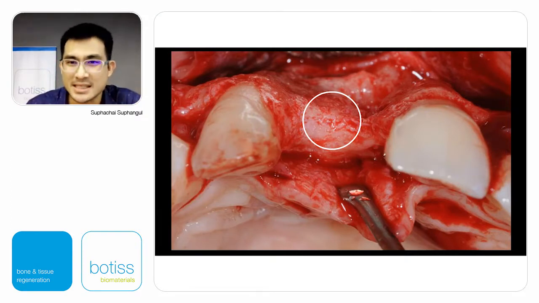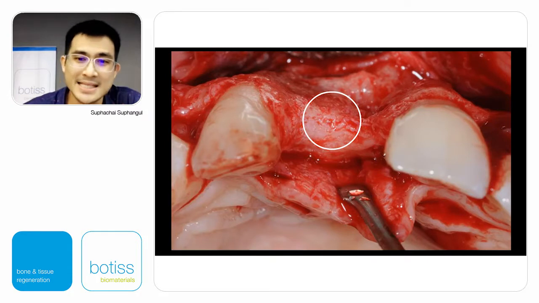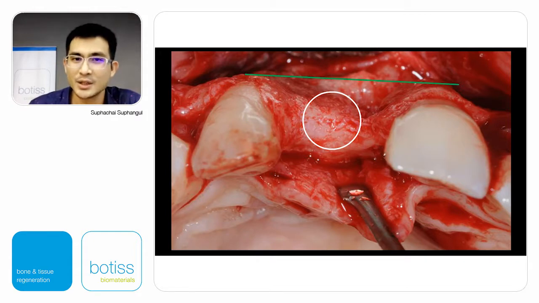But this one is deficient. This is the most common situation for an implant in the aesthetic zone. We need bone like this to fill up this area, to get bone support for the implant and to support the soft tissue for a long-term aesthetic outcome.